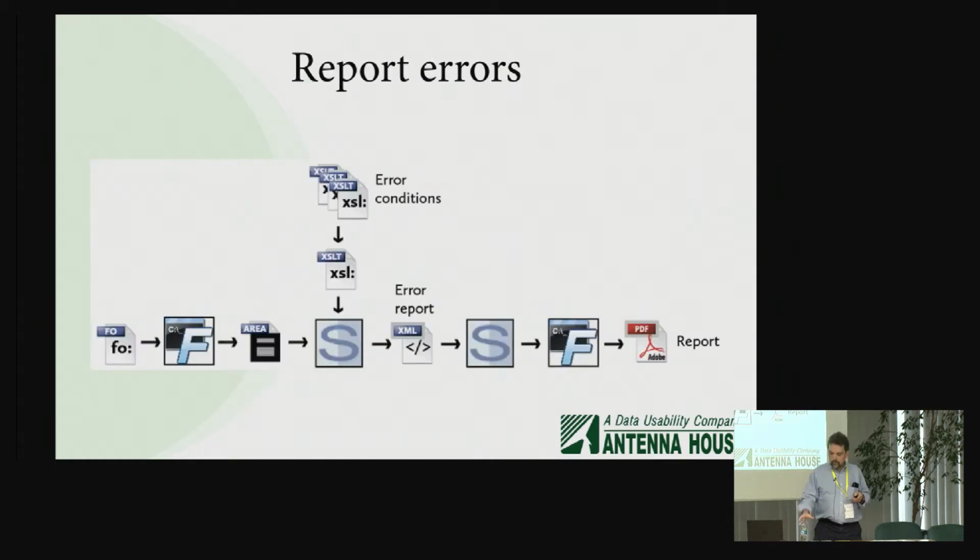The first thing, if you're going to fix it, is you need to know what it is you're going to fix. So the next level of processing you would want to do is to be able to report the errors. I have one iteration of this: a definition of the error conditions, and processing the area tree to make a report that a person could look at.